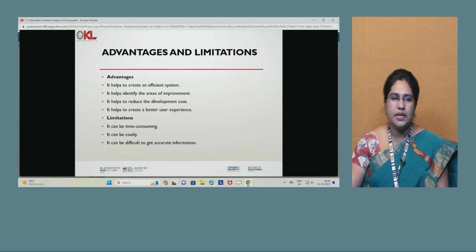If the architecture is clear, obviously the user experience will be better. That is how it creates an effective system, and it identifies the areas we have to improve. Once the area is found, it will be improved. After that it reduces the development cost also, and creates a better user experience.